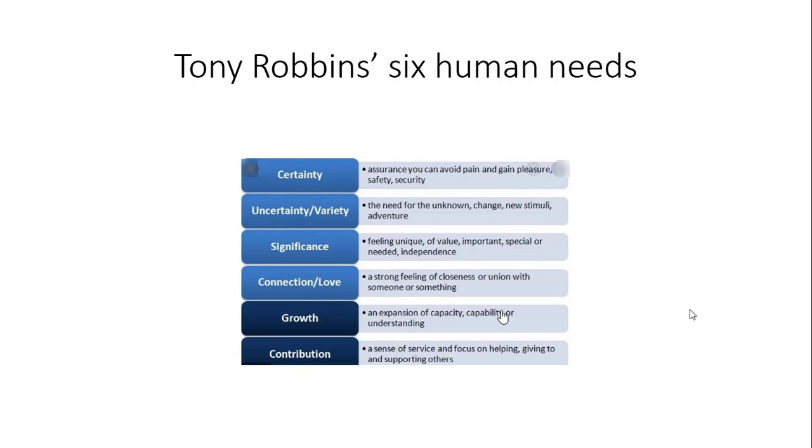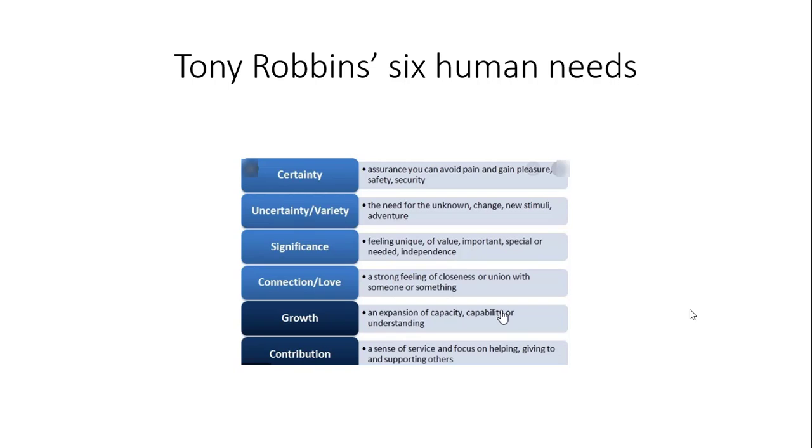And the second human need they call uncertainty and variety, the need for the unknown and change, new stimulation and adventure. So for this kind of people, by the way, everyone has these 6 human needs, but some people just value certainty more than uncertainty.